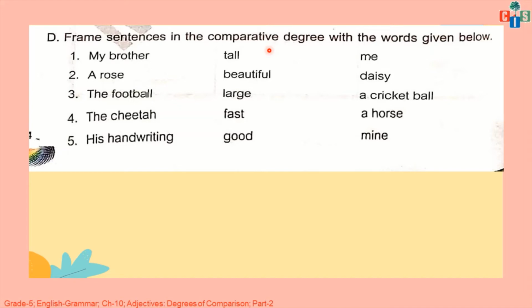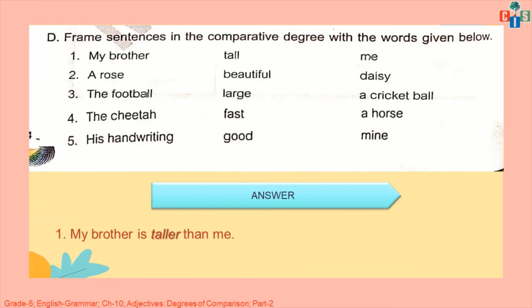But in all words we cannot add er. So what else can we do? We can add the word more before that main word. So here: my brother, tall, me. These are the hints which are given. So I will frame the sentence in the following way: my brother is taller than me. Okay, my brother is taller than me.